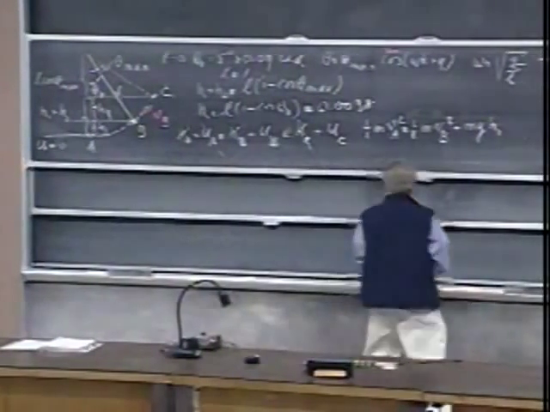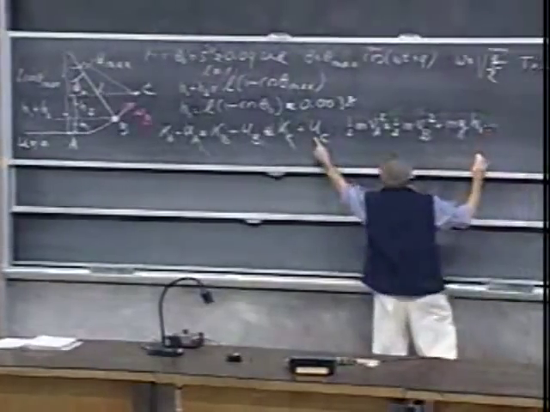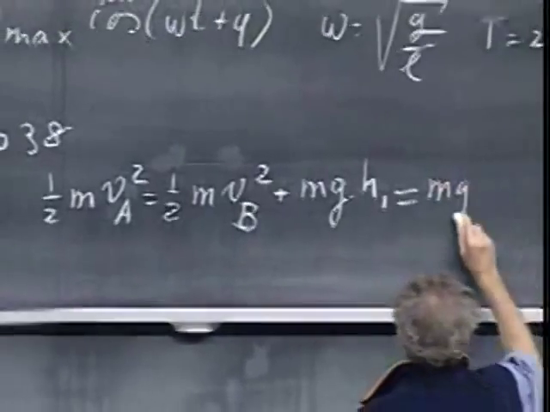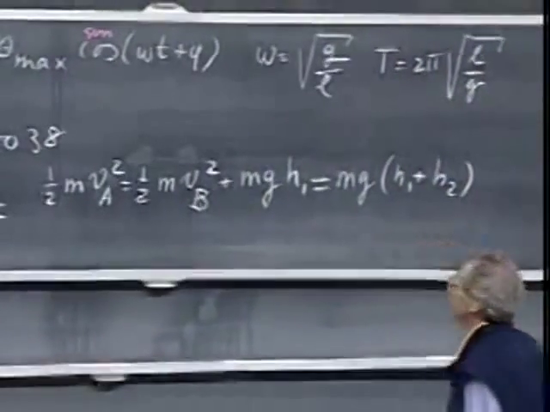Vertical separation h1. And that equals the potential energy at point C, which is mg times (h1 + h2).